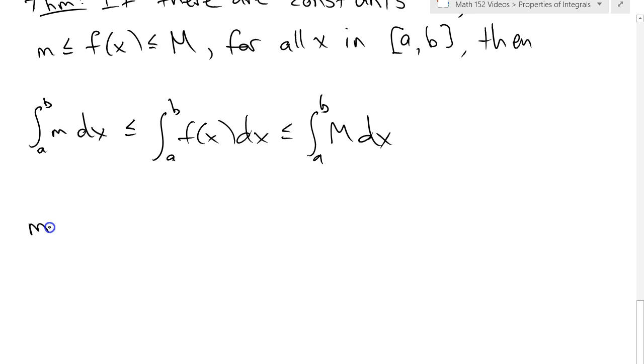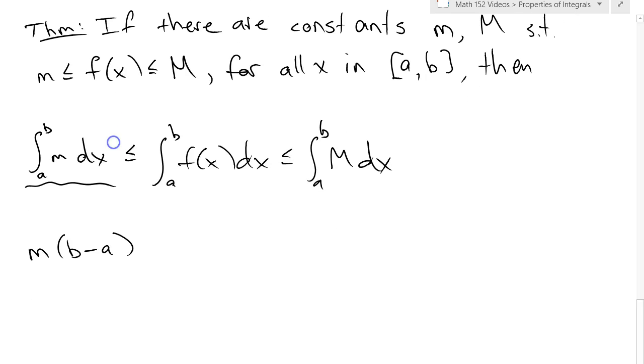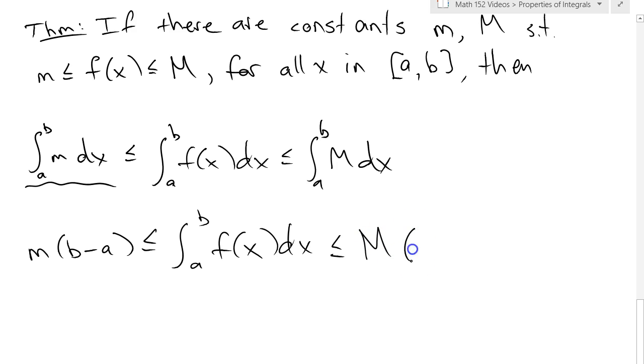You wouldn't leave that as an integral. So the area here just like I showed you before, that's this piece, m times b minus a, is less than or equal to the integral of f over [a, b], which is less than or equal to big M times b minus a. Okay?